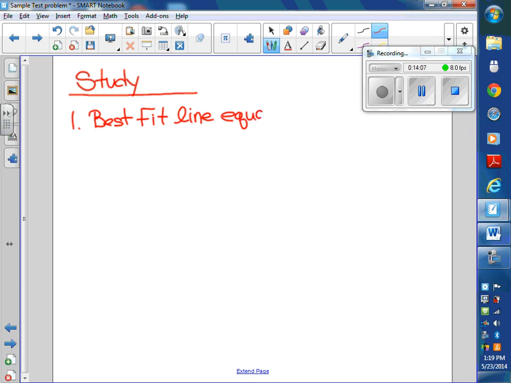Equations. I'm going to give you the line this time, because you've already been tested on placing the line. That's just an arrow. I'll give you the line.